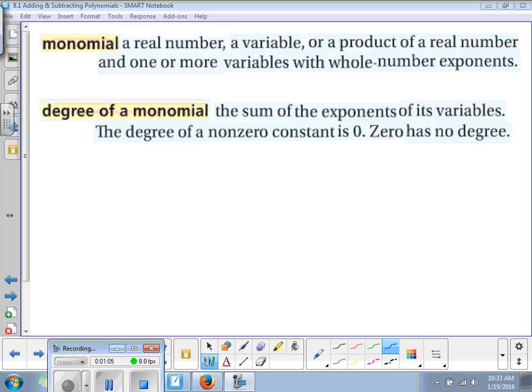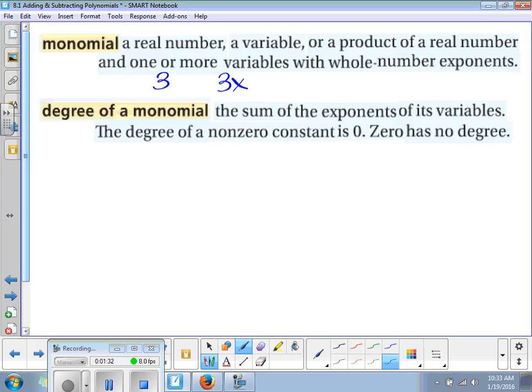So a monomial is a real number, a variable, or a product of a real number and one or more variables with whole number exponents. So for example, we have a real number 3. That could be a monomial. Or 3x could be a monomial.